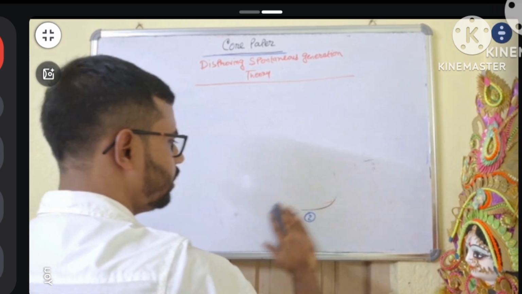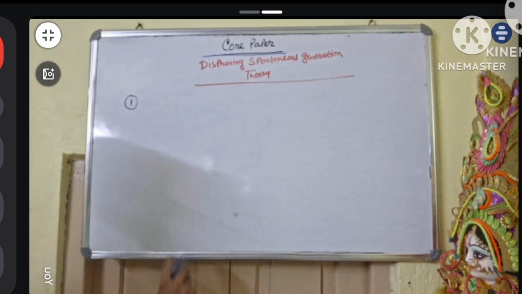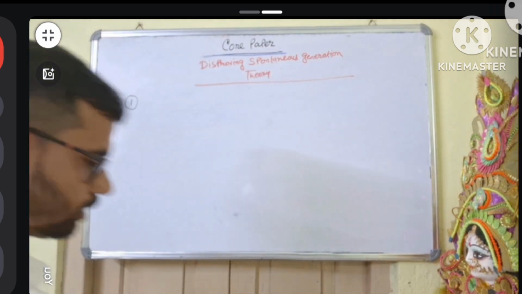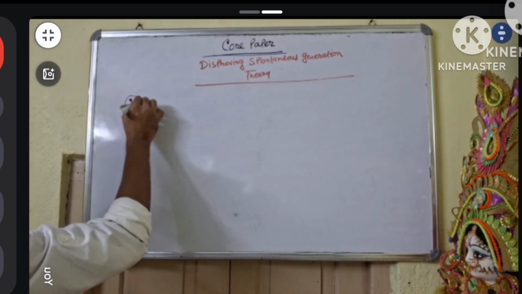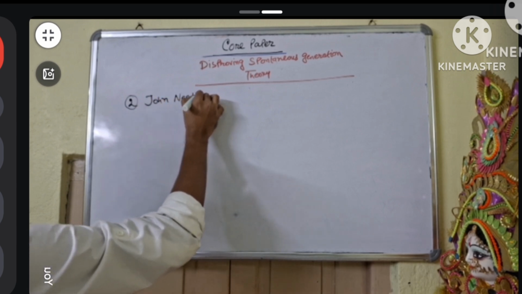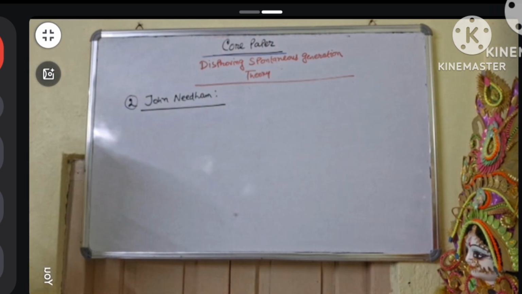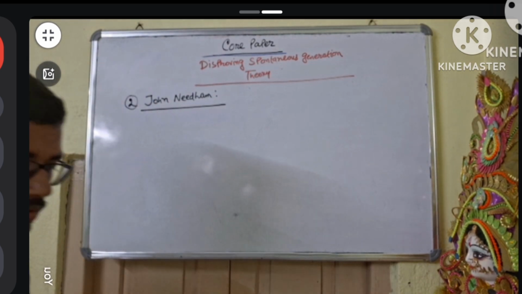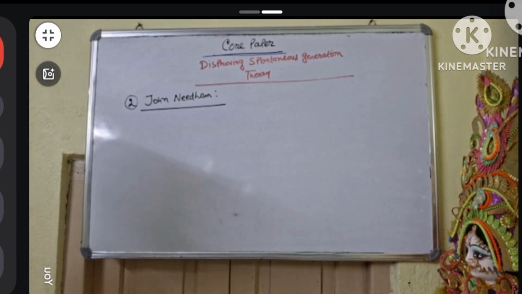Before the second scientist came, another philosopher, who is also a Catholic priest, gave a statement, whose name is John Needham. He is a Catholic priest, so he is powerful in his voice.